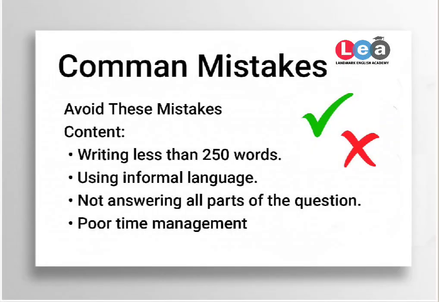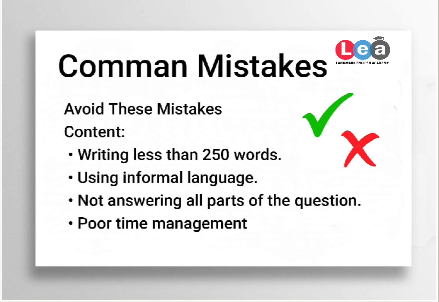To score well in your IELTS writing task 2, you need to avoid these common mistakes to maximize your score in essay writing. Always answer your question in at least 250 words, as it is the demand of the question. So avoid writing less than 250 words. Avoid using informal language such as phrases and idioms, as it will decrease your band score.